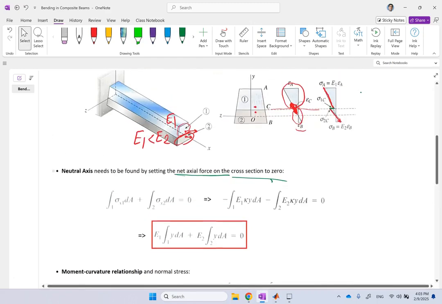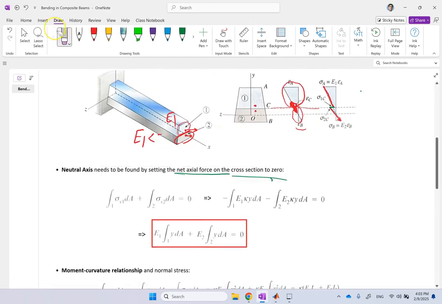So all of the sigma distributions that you have on section 1 and all of the ones that you have on section 2, that summation should be equal to 0, correct? If you have some sigma x1 here and some sigma x2 there, when you integrate each one of them over their own area, over area 1 and over area 2, these are the two axial forces. The sum of them should be 0.